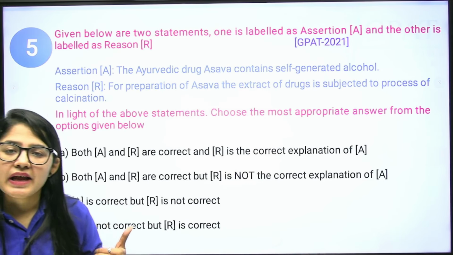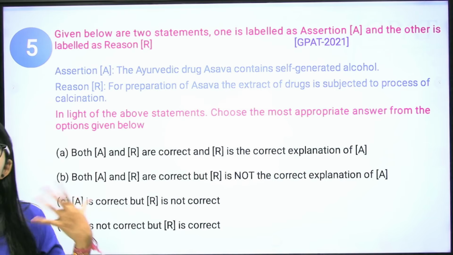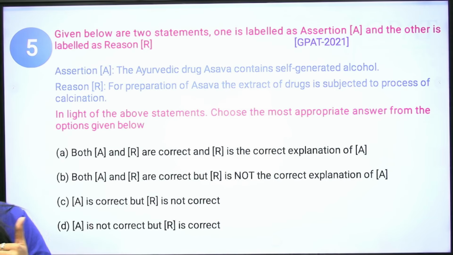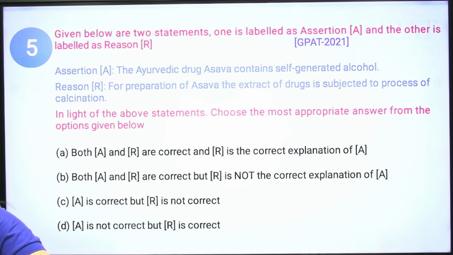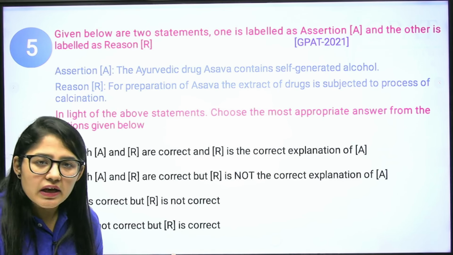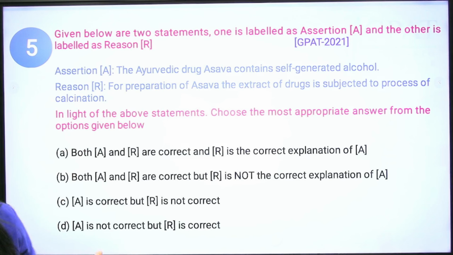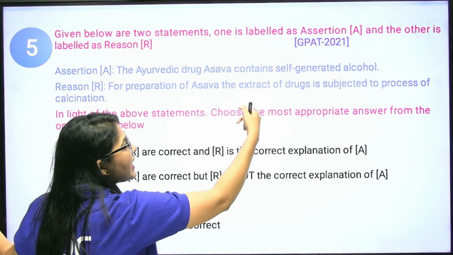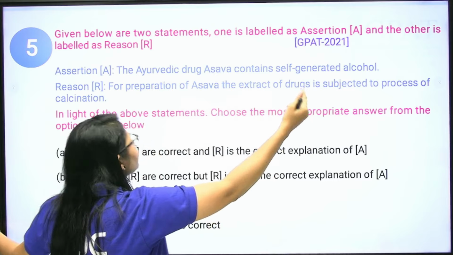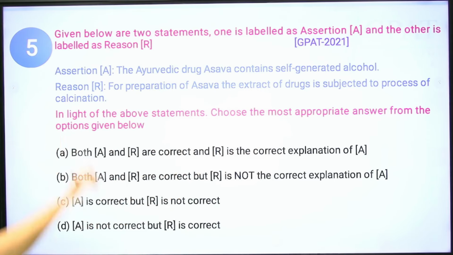Because Asavas are a type of natural, they are made by a natural fermentation process. Sugar is present in the herbs that is converted to self-generated alcohol. So, assertion is right. But our reason: for preparation of Asavas, the extract of drug is subjected to process of calcination.